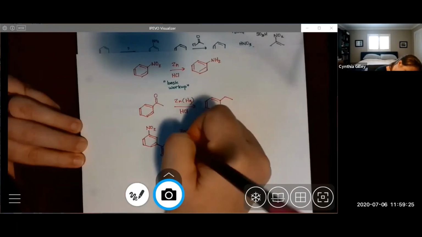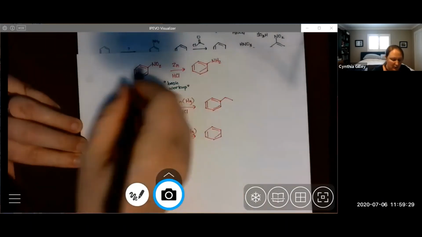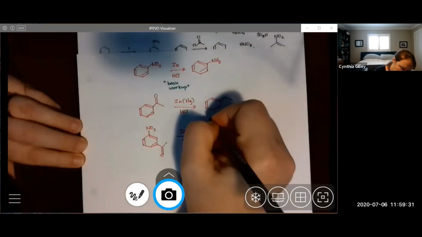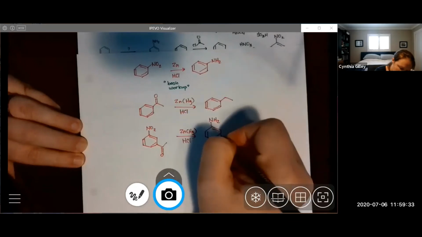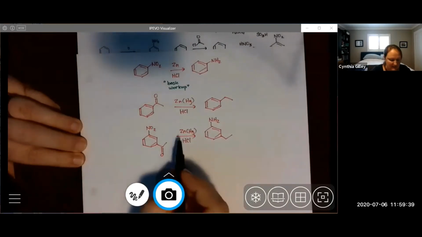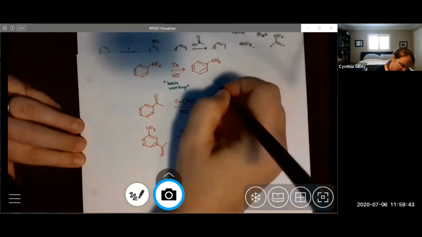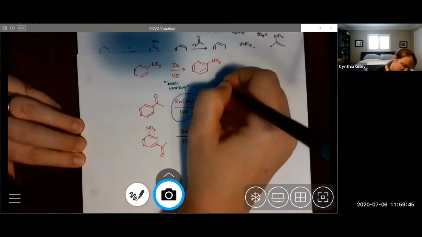That will reduce the carbonyl, and the zinc in it will reduce the nitro. So you'll end up reducing both of those in one step. You can do both reductions in one step with the Clemmensen reduction. When I say Clemmensen reduction, conditions.